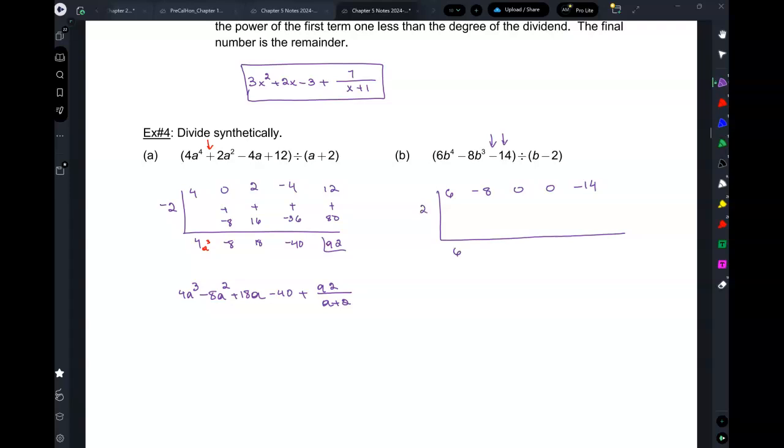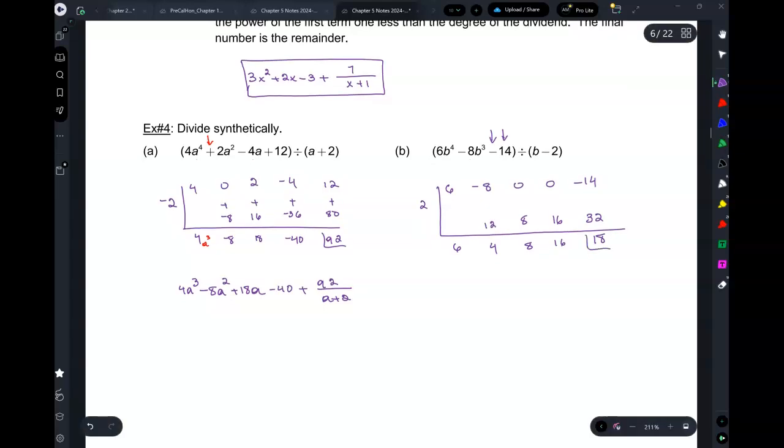So 6, 12, how much? 4, 8, 16, 32, and what is that, 18? Yeah? Are we sure? Plus 18. So that's the remainder. I always do that little box so I know.